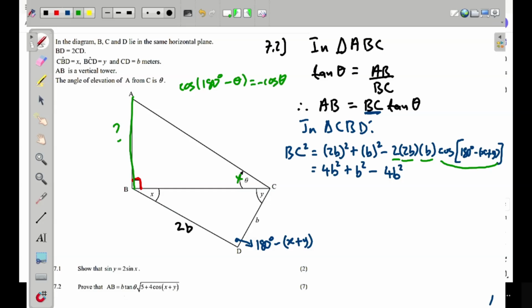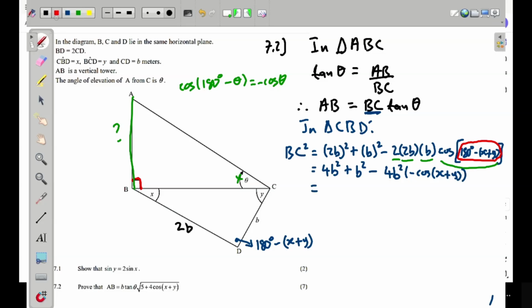That's what we said. So I want you to look at this whole thing, the 180 minus the sum of x and y, as theta. So we can then see that this cos of 180 minus the sum of x and y would become minus cos of what? Of x plus y.